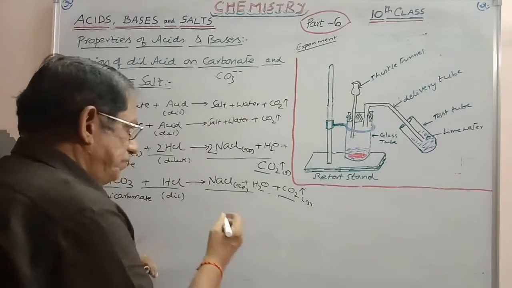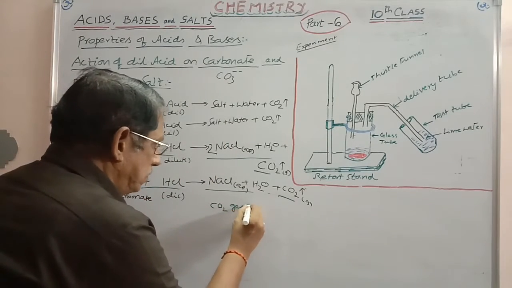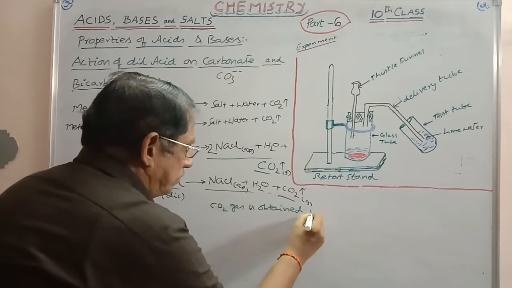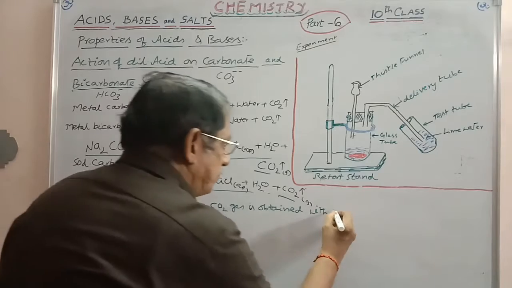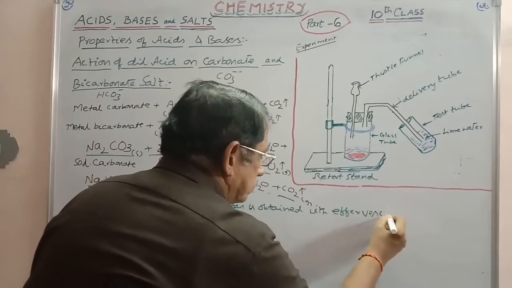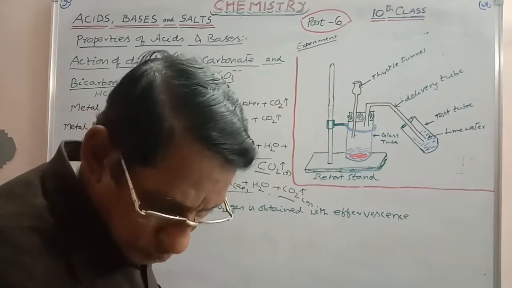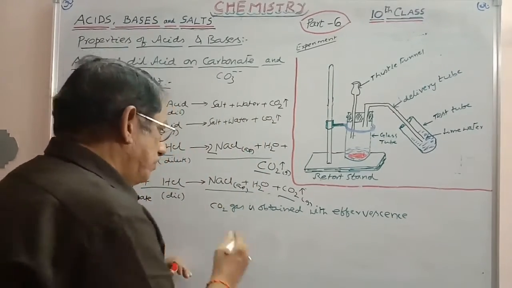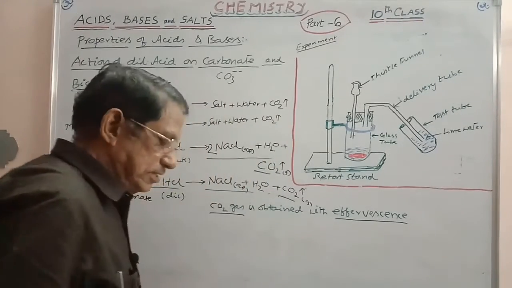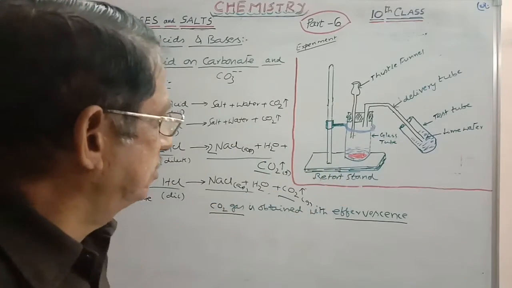Always remember, carbon dioxide gas is obtained with effervescence. Whenever in the test tube you observe effervescence, that indicates the presence of carbon dioxide there. And these are the experimental details you can see easily.